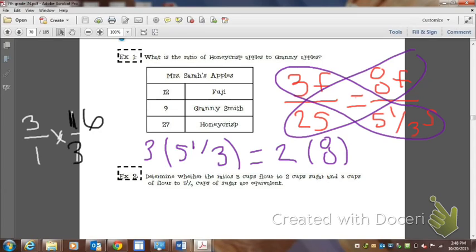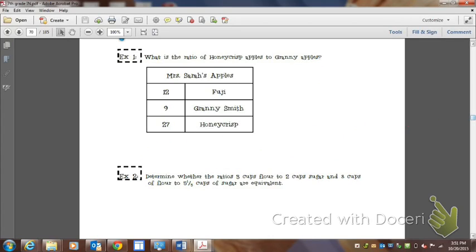And this is a 3 right here. And of course I'm going to cross reduce, which I'm left with 16. So I get 16 on this side, and of course 2 times 8 equals 16. Okay?